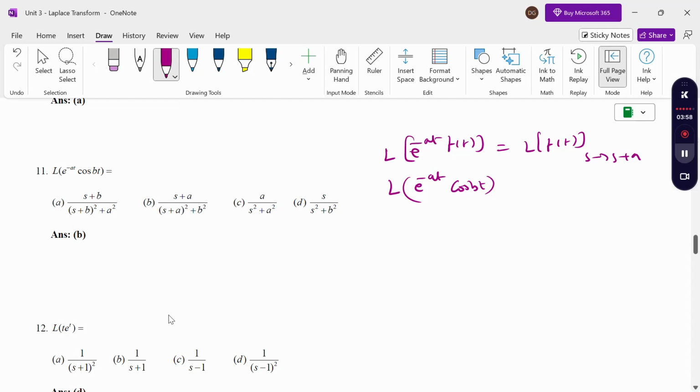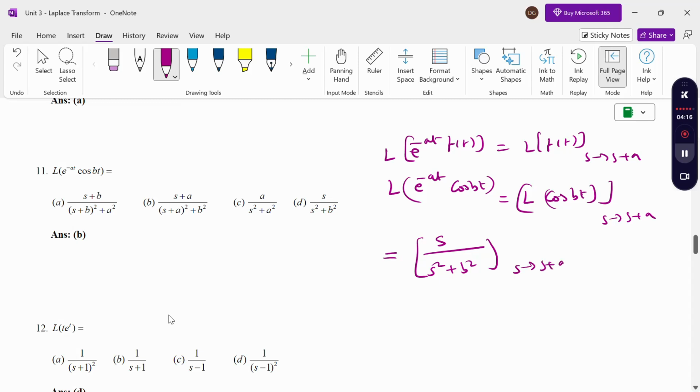For this term, L of cos bt is S by S square plus b square, with S tending to S plus a. Therefore, S plus a by (S plus a) square plus b square, option B.